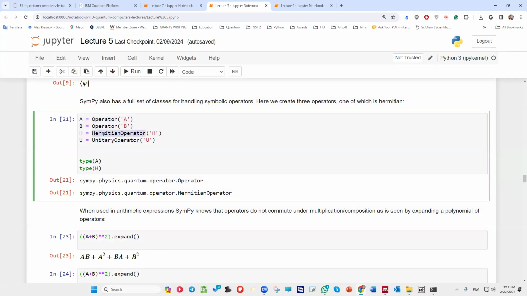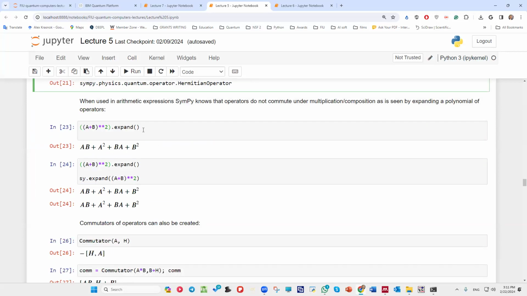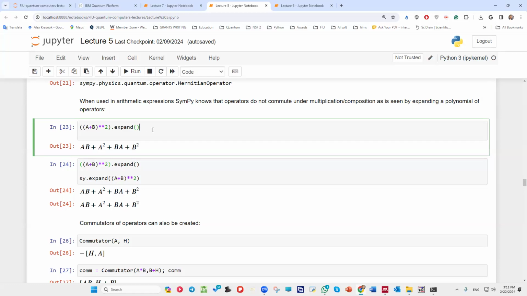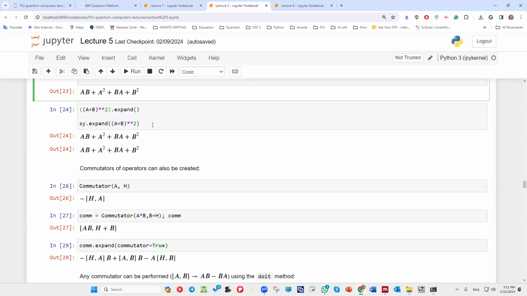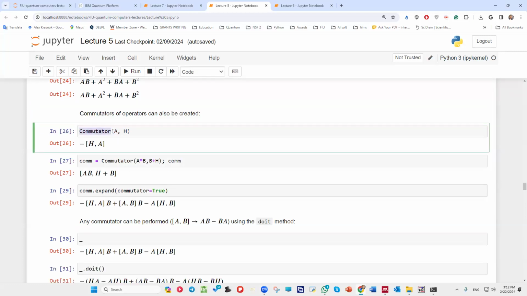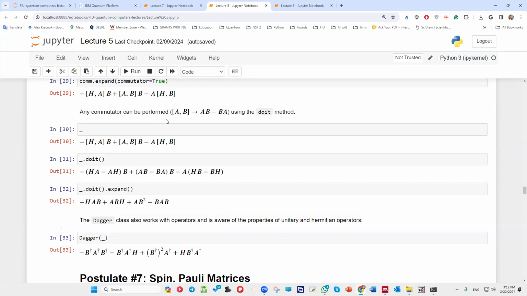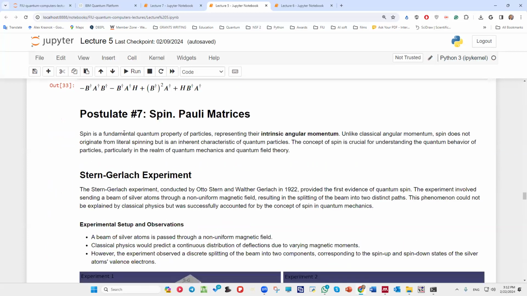We can specify that operator is Hermitian or unitary by saying Hermitian operator, unitary operator. And then all the symbolic algebra with operators can be done using SymPy Quantum. Me personally, I use this library quite extensively because it helps with calculations like this. And in particular, we can calculate the commutator of several operators and do all the algebra.